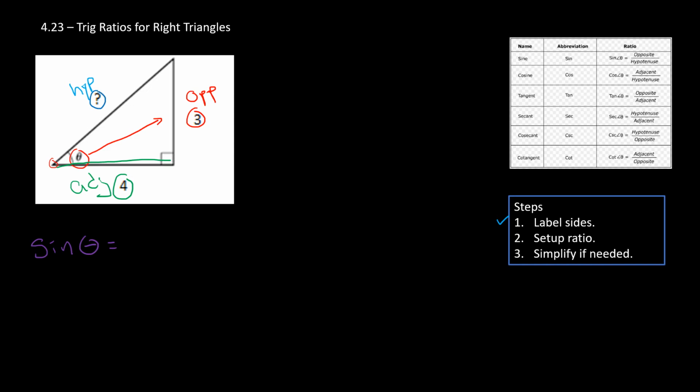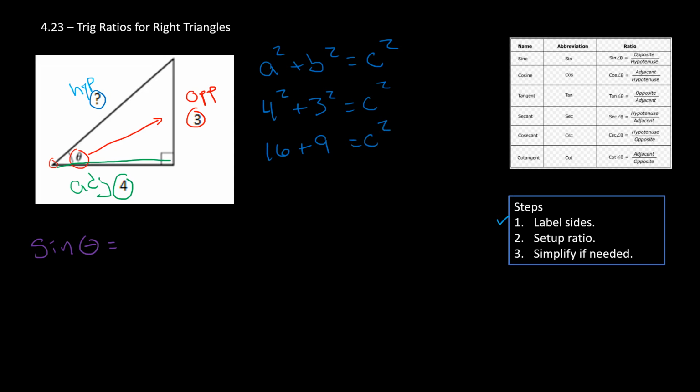We're going to go ahead and scaffold back. How do we solve for a missing side of a triangle? Well, we have to implement the Pythagorean theorem. You guys know that's a squared plus b squared equals c squared, a and b being our legs, c being our hypotenuse. So let's solve this out real quick. 4 squared plus 3 squared equals c squared. 4 squared is 16 plus 3 squared, which is 9, equals c squared.